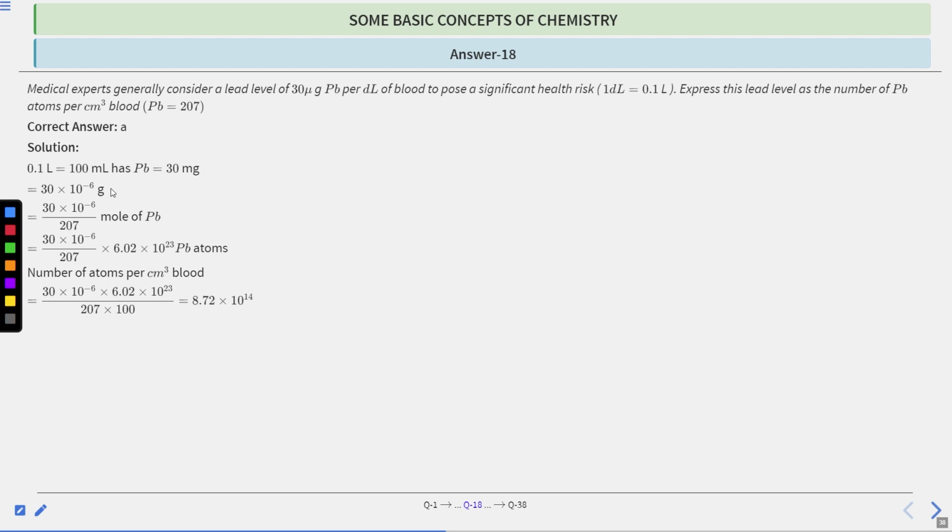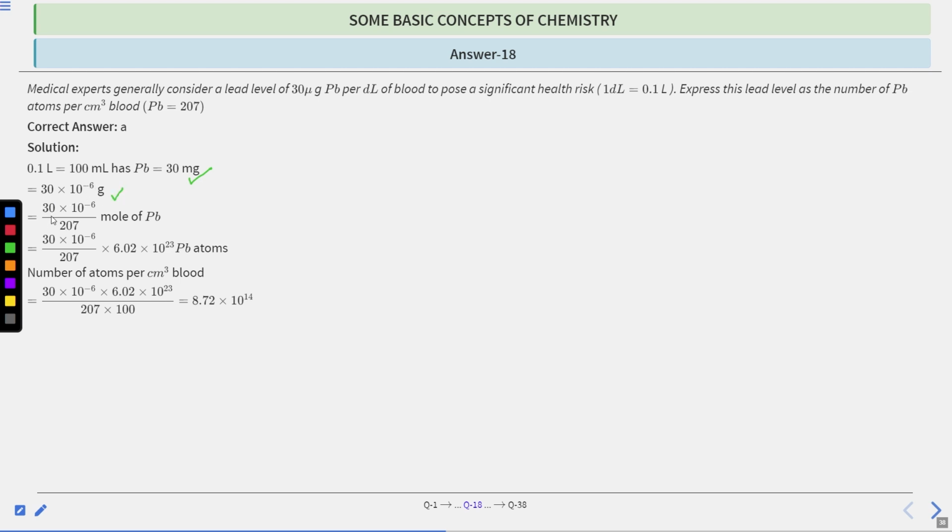Okay, so the correct answer will be A. So the solution will be 0.1 liter will be equal to 100 ml of blood, which has lead equal to 30 microgram, which is equal to 30 into 10 to the power minus 6 grams.